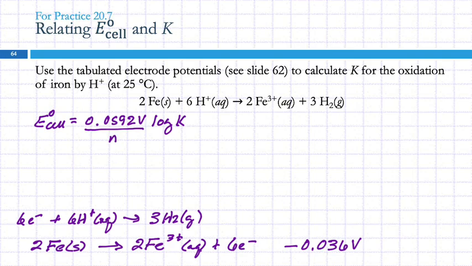We're writing it as an oxidation, so we change the sign. And then we find the hydrogen, and that is the equation for the standard hydrogen electrode, which is defined as 0.